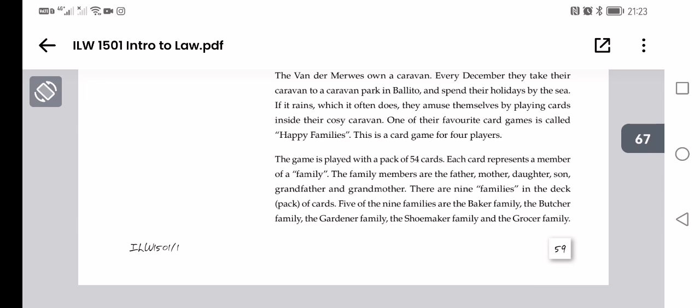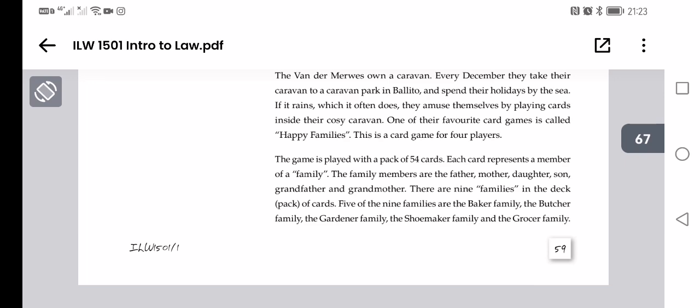The game is played with a pack of 54 cards. Each card represents a member of a family. The family members are the father, the mother, the daughter, the son, grandfather, and grandmother.